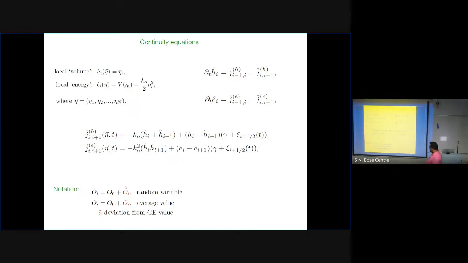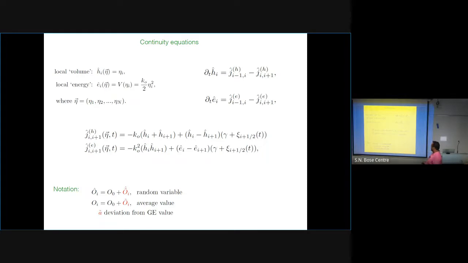So this is the notation. Hat variables are stochastic variables, which are written in terms of the global equilibrium value, and the tilde variables are deviations from the global equilibrium value. So hat means this is the stochastic representation of the deviation, and this is the average value.